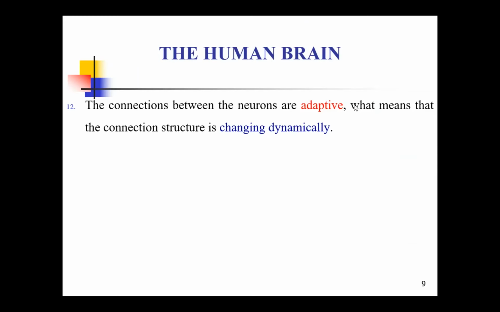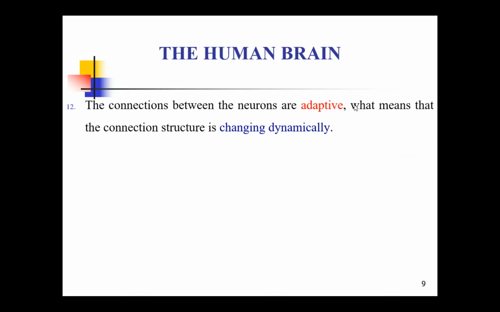So the connections that exist between the neurons are adaptive in nature. What is meant by adaptive? It changes according to the information that is being received. So the connections between the neurons in the brain are adaptive, meaning the connection structure changes dynamically.